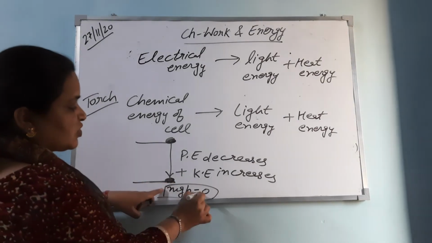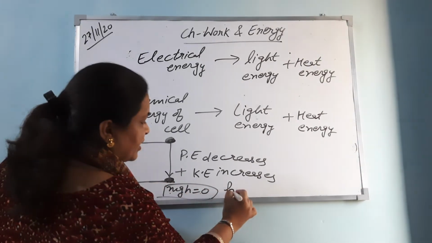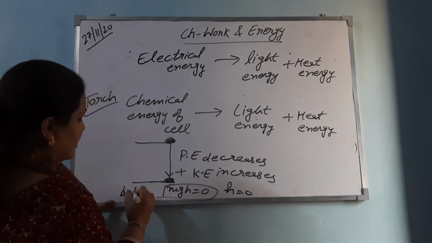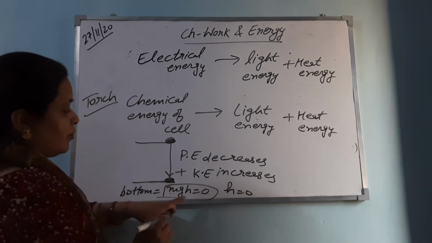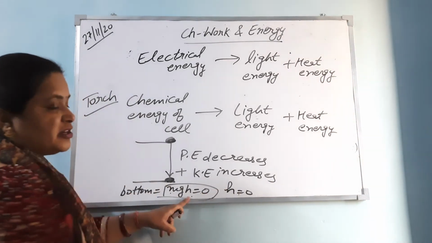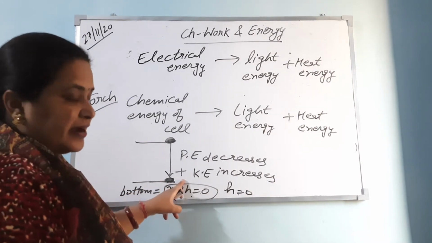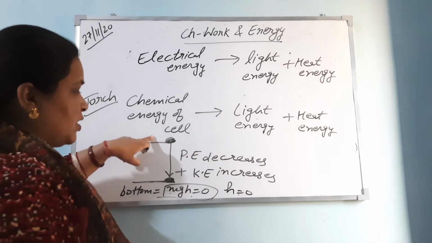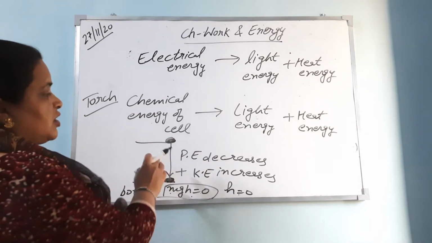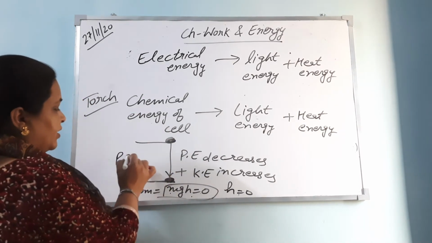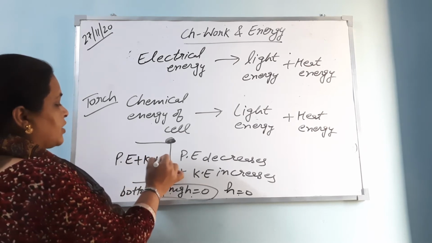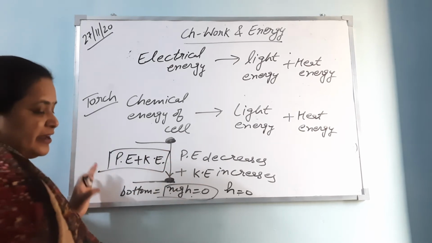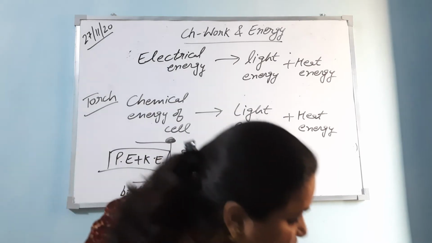Because height h becomes 0 at the bottom or ground, so potential energy also becomes 0. So there is maximum kinetic energy at the bottom and maximum potential energy at the top. So we can interchange these. During free fall, in between, it has both energies, potential energy plus kinetic energy. So this is by the law of conservation of energy.